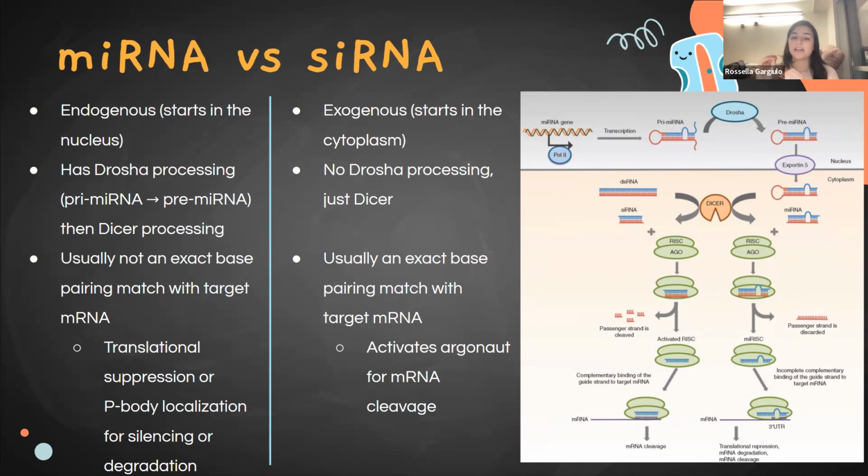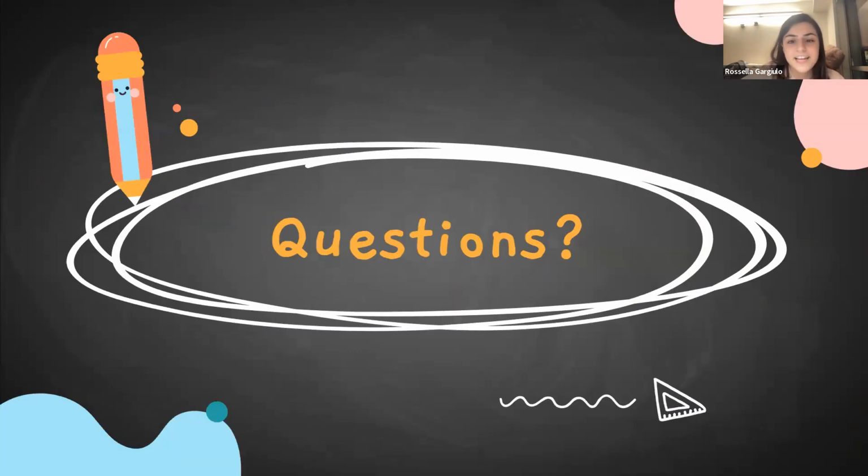It just starts in the cytoplasm, and then it goes along with the miRNA pathway after it gets exported out of the nucleus. And siRNA is always cleavage by Argonaute, while miRNA is usually storage in the P-body. Any questions?